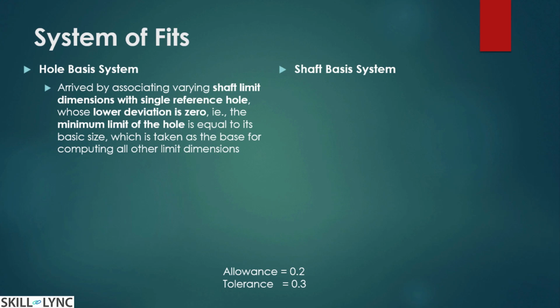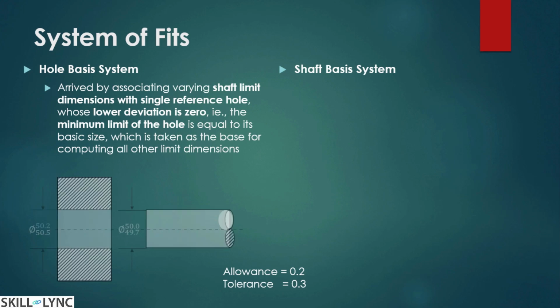That is, the minimum limit of the hole is equal to its basic size, which is taken as the base for computing all other limit dimensions. If you recollect the key terminologies, we defined the deviations, wherein you can also go for a fundamental deviation, choosing either one of those deviations and applying it to the basic size. Here the basic size is going to be your hole, and hence in this hole basis system, your lower deviation is going to be 0.